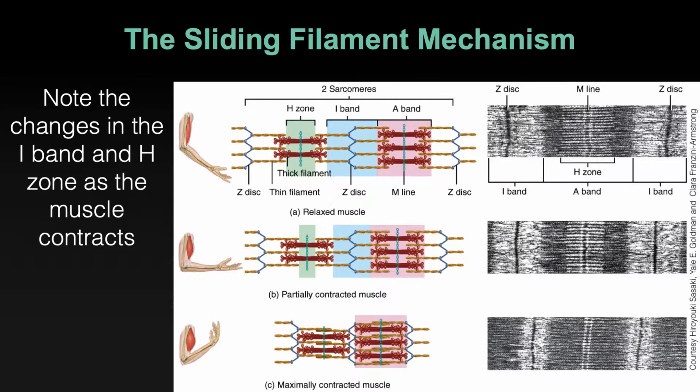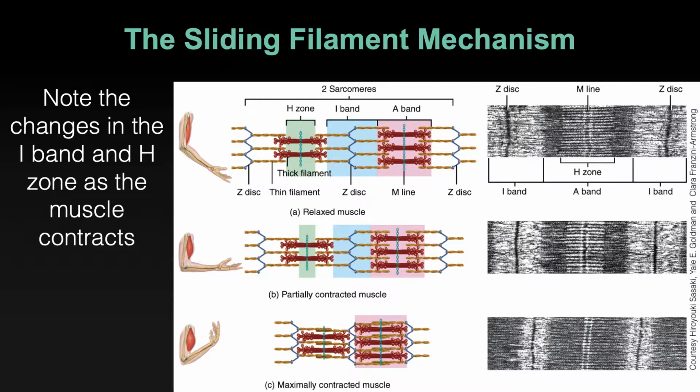Notice the structures, the compartments that we identified within the sarcomere, how they change. The H zone and the I band, remember those were named for the width of the letters. The H was slightly wider, contains only myosin. I is a thinner letter, contains only the thin filaments, actin.